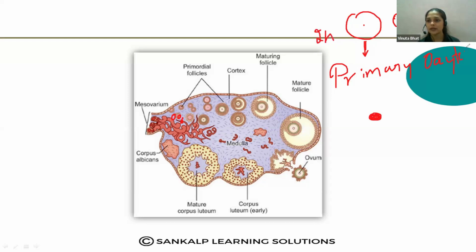And this primary oocyte is also diploid, because when the oogonial cell undergoes differentiation, it forms the primary oocyte.